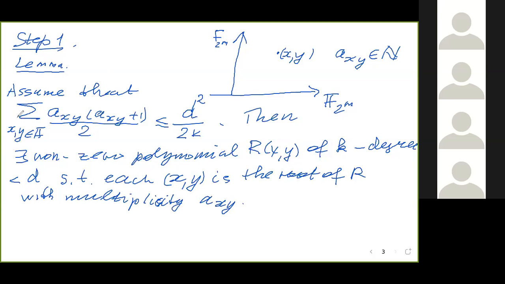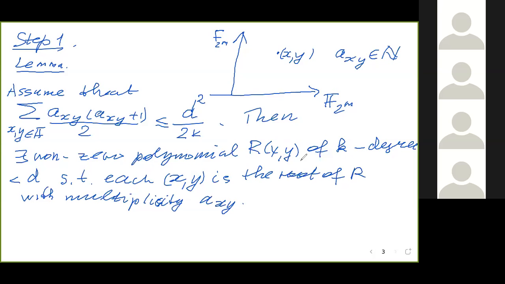How do we prove this lemma? The sketch of the proof is the following. For each (x, y), we have one requirement, that the pair is a root of the polynomial. That requirement can be expressed as a constraint on the coefficients of the polynomial.